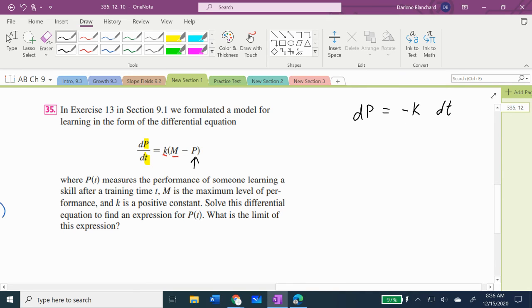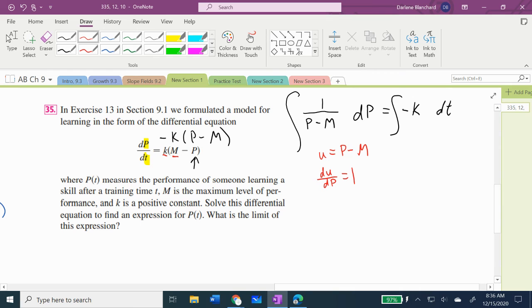So I'm going to leave negative k and divide by p minus m. So I'm changing this. Now when I do a u substitution on that left side, where u is equal to p minus m, again, p is the only variable here, du dp is positive 1 only.